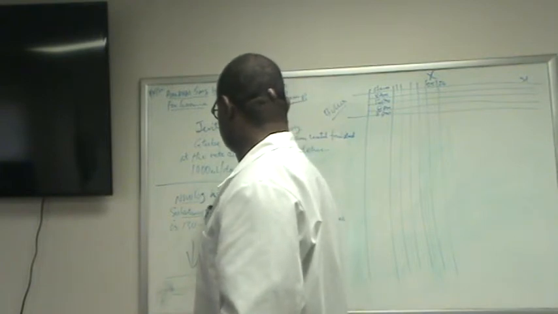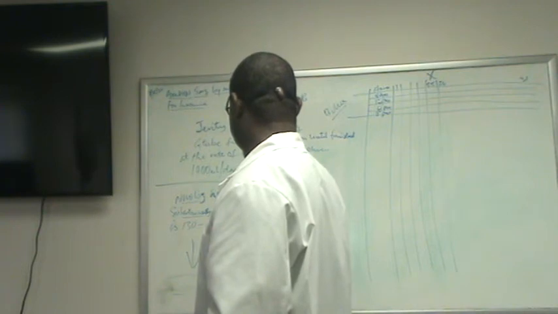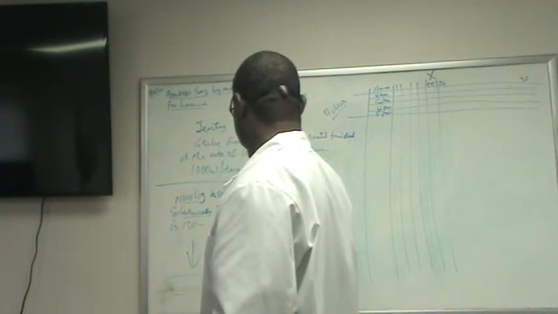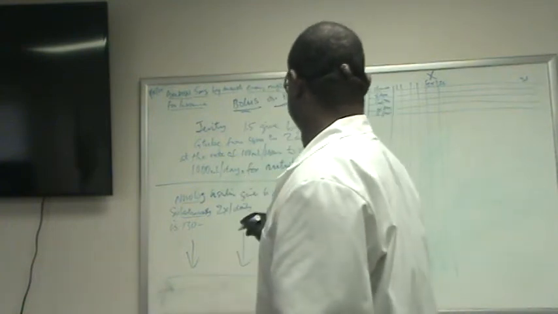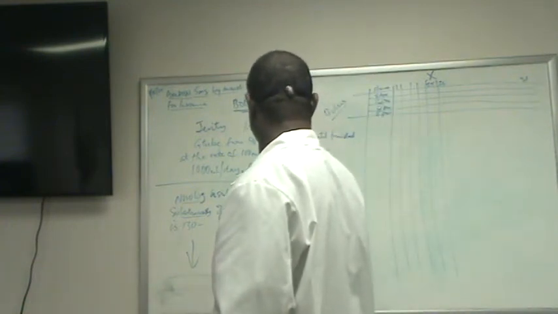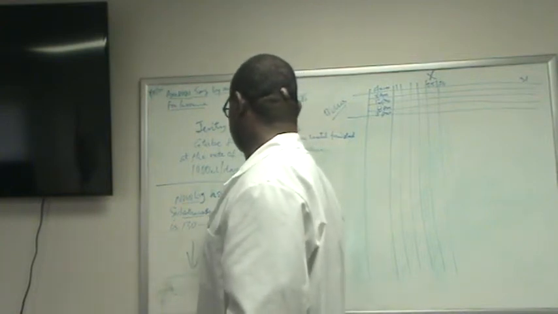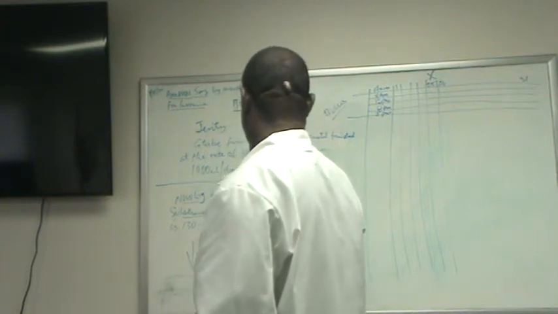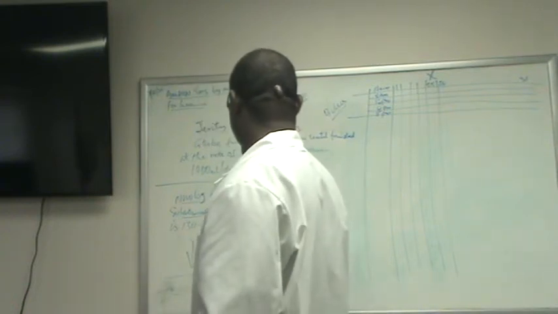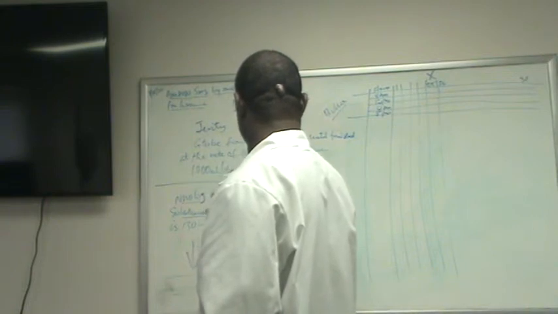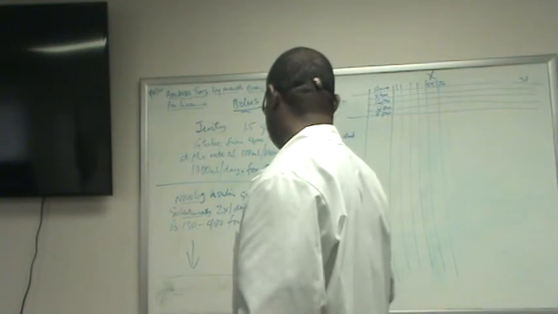Subcutaneous, 2 times daily. If blood sugar is 130 to 400, for diabetes, before meals, before the meals.